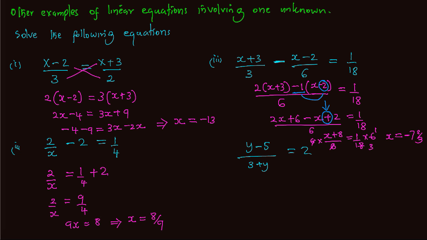In the last example, we multiply both sides by the denominator of the fraction, so that this becomes y minus 5 over 3 plus y is equal to 2 into 3 plus y. 3 plus y cancels out and we remain with y minus 5 is equal to 6 plus 2y.